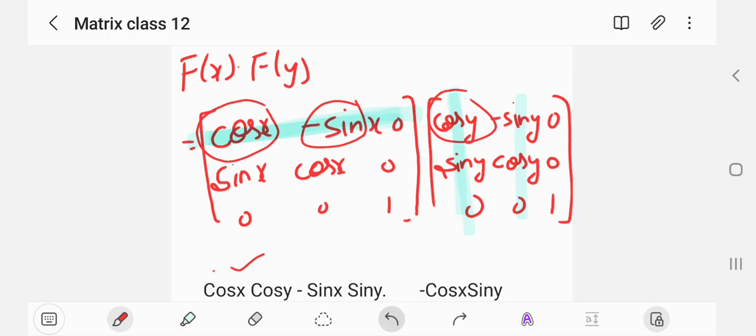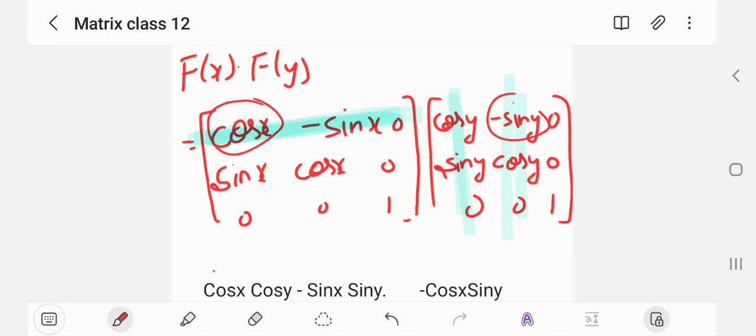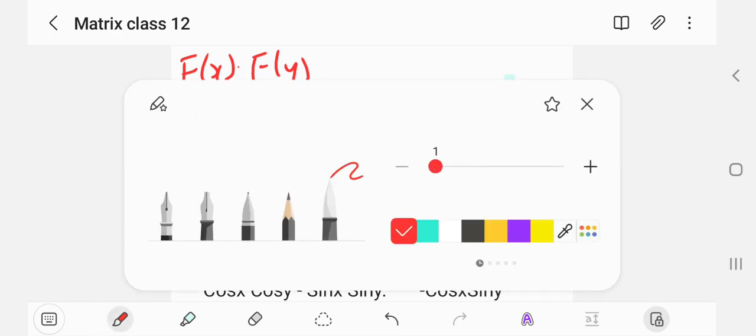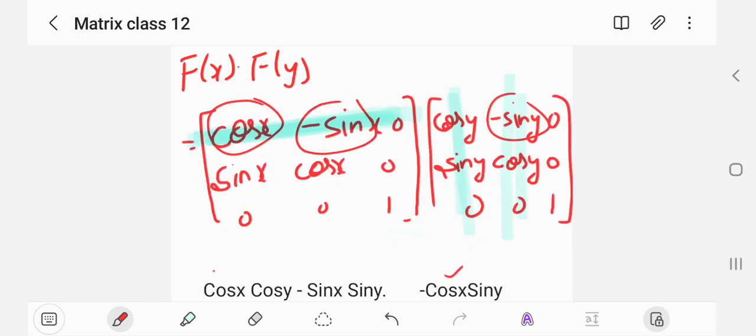Now next, when I multiply this row with this column, I will multiply this cos x and this sin y, so I get minus cos x sin y. Then I will multiply this sin x with this cos y, so I get minus sin x cos y.